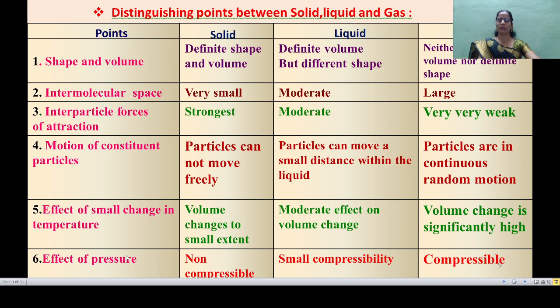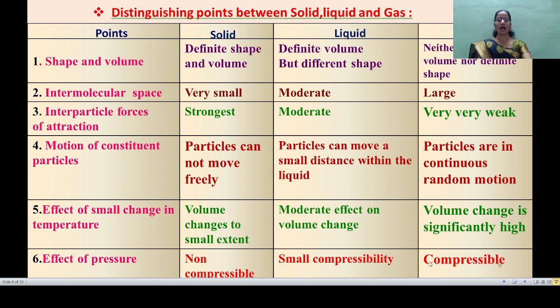Now see the effect of pressure. On application of pressure, you cannot compress solids further. That is, solids are non-compressible. Liquids can be compressed but only to a very small extent. Therefore, liquids possess small compressibility, while gases can be easily compressed.